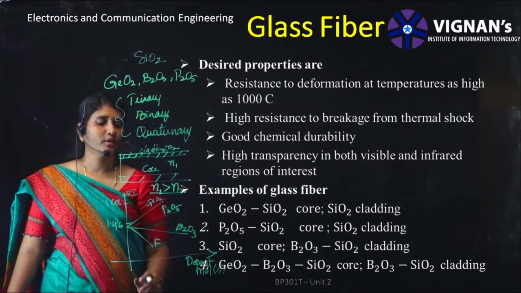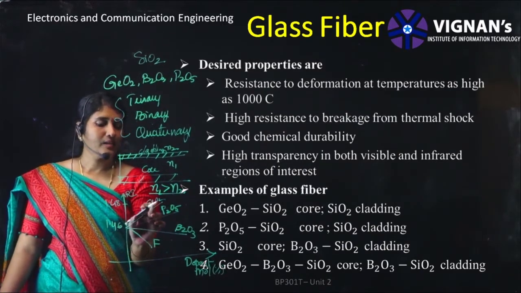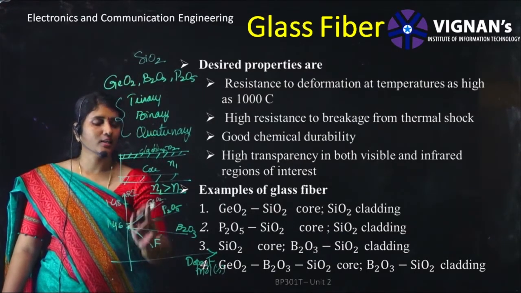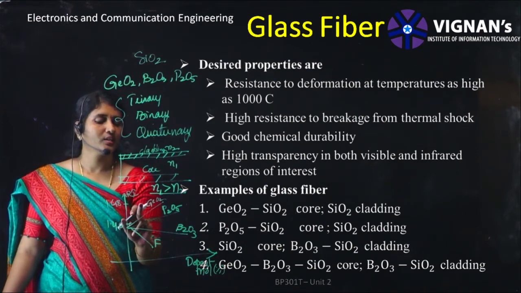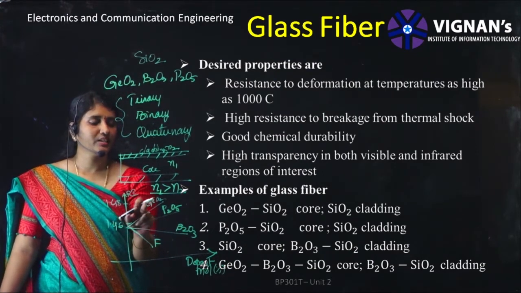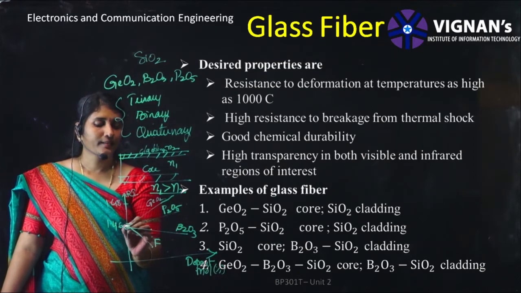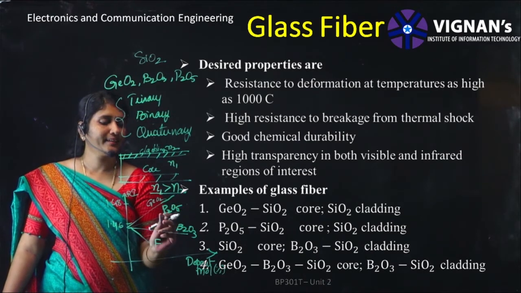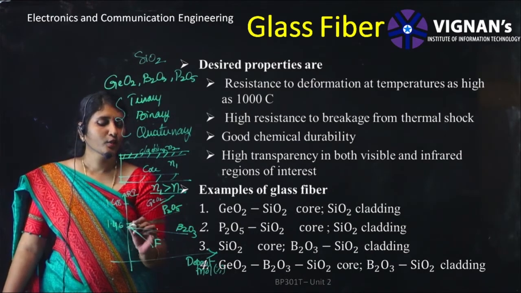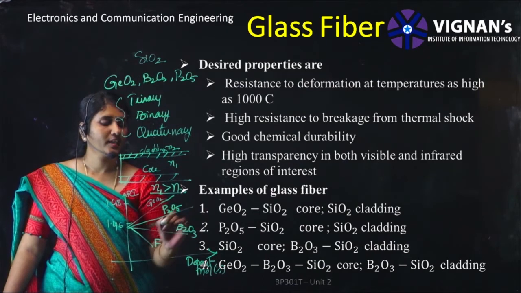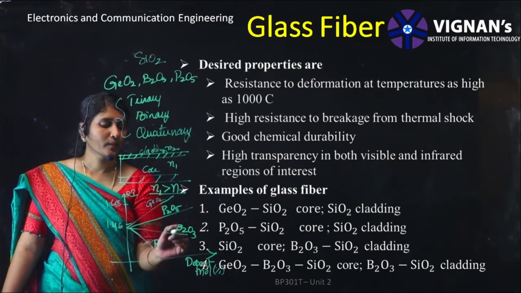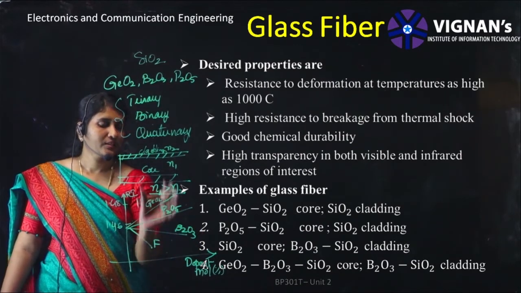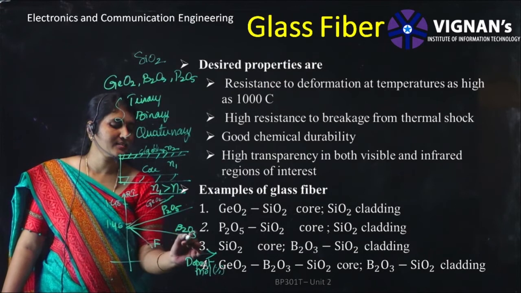From this graph, what we can observe is, by adding GeO2 as your dopant molecule for your raw silica, the refractive index of the silica or the glass material is getting increased. By doping the glass silica with P2O5, from 1.46 it is a bit increasing, whereas by doping B2O3 as your dopant, the refractive index of natural glass is getting reduced.